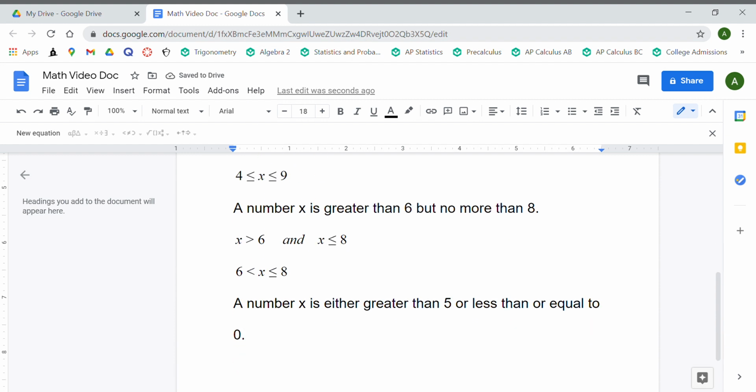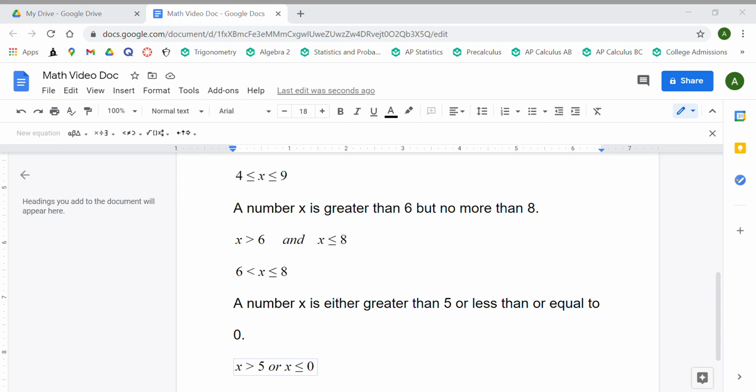Alright, so we can write this as two separate inequalities. x is greater than 5, that's an easy one, or x is less than or equal to 0. And for or inequalities, we can just leave it as this. Pretty simple.